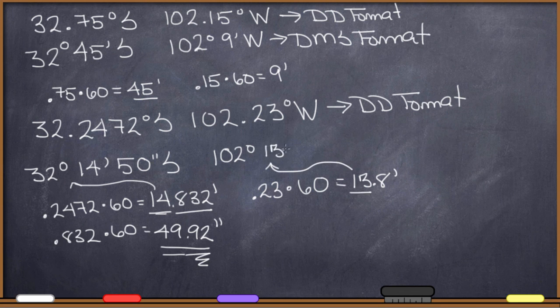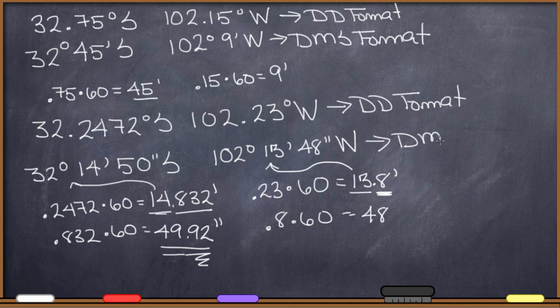So I've got 13 minutes. And then I've got the remainder here, 0.8 times 60. And that is equal to 48. Oh, that one came up nice and neat. So 48 seconds west. This was west. And this is DMS notation.